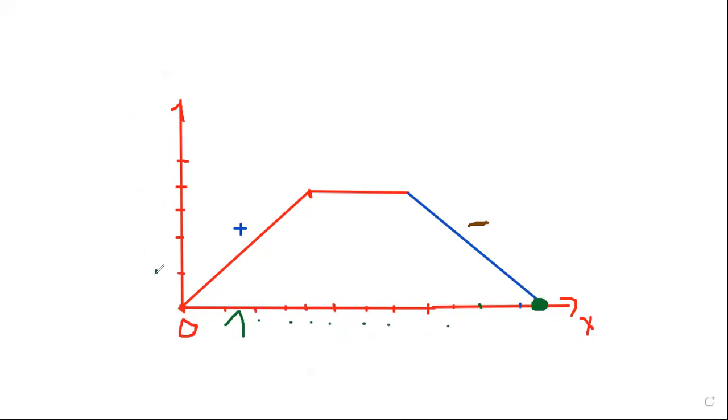And here we can put 10, 20, 30, 40, 50, and so on. Then what is the positive slope donated for now?